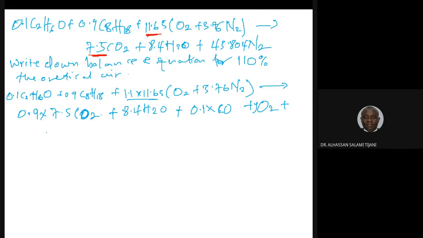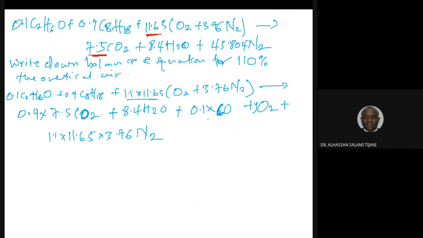So what I did over here is 1.1 times 11.65 times 3.76. Okay, number of moles of nitrogen. Now, we need to find the actual moles of carbon monoxide that came out over here.